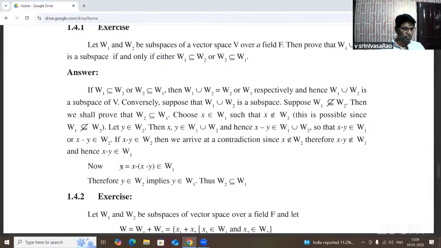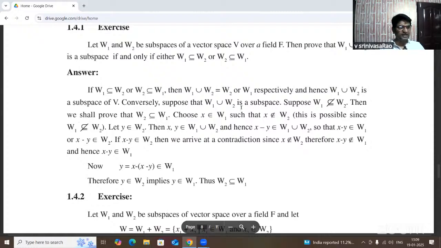So the element Y can also be written as X minus (X minus Y), which is also in W1. Now Y is in W2 means Y is in W1. So W2 is contained in or equal to W1. So that's why we have proved that W2 is contained in or equal to W1.